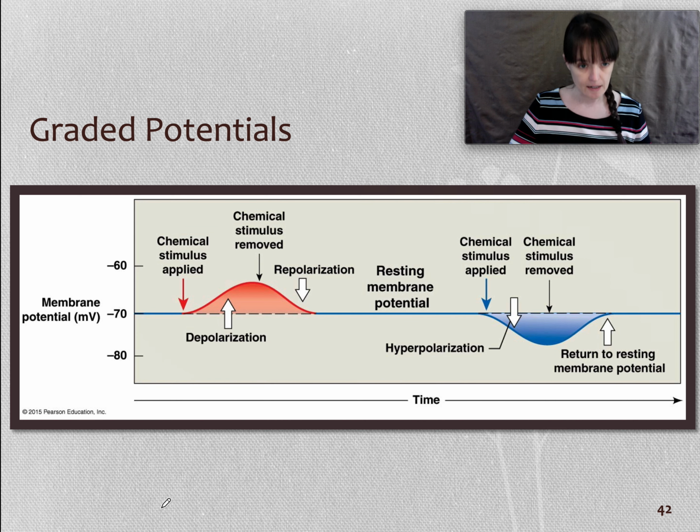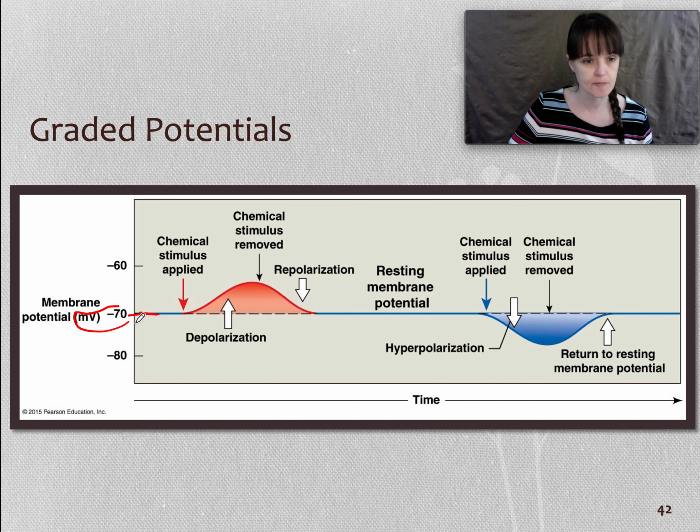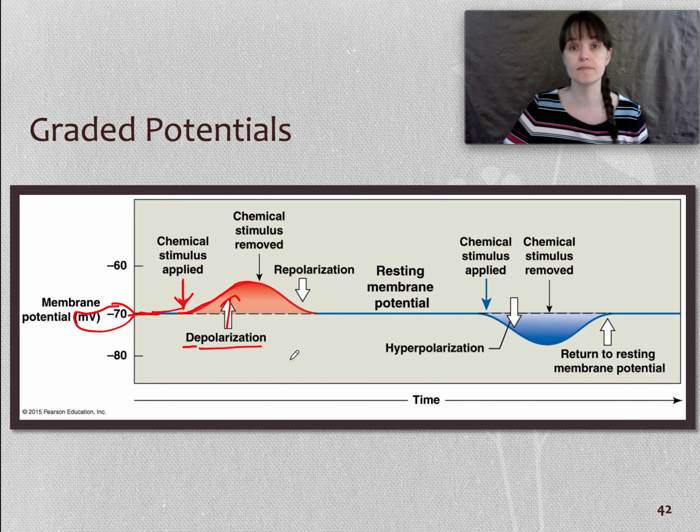Okay, so the first thing is to draw this picture. We're going to start here at negative 70 millivolts. Then we apply our stimulus, and that makes the inside of the cell less negative, which is depolarization.